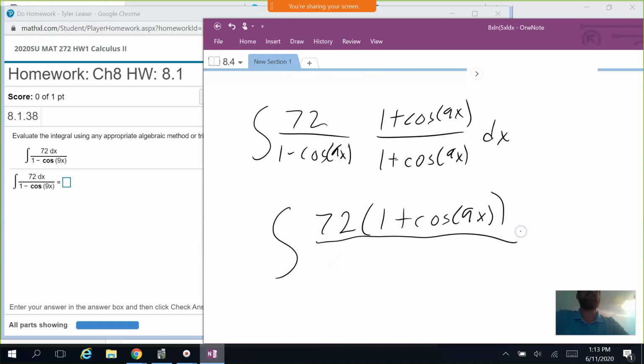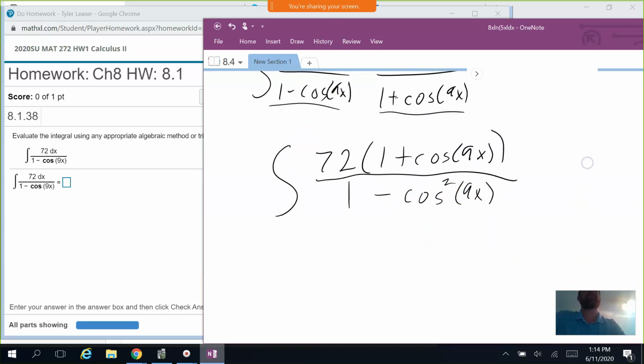In the denominator, though, when we multiply 1 minus cosine by 1 plus cosine, foiling those together is going to cancel out pretty nicely. We're going to have the 1 times 1, which is just 1. The inner is negative cosine 9x. The outer is positive cosine 9x. And then the last is going to be negative cosine squared of 9x.